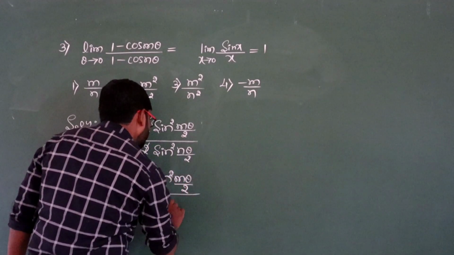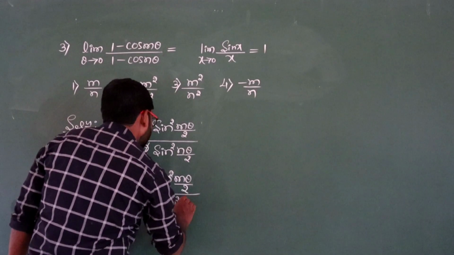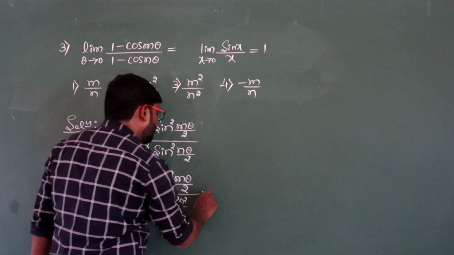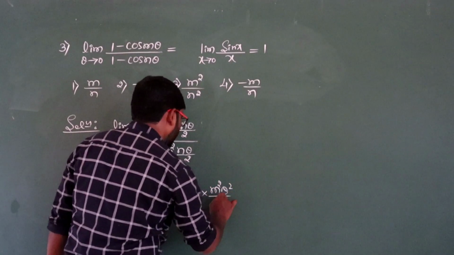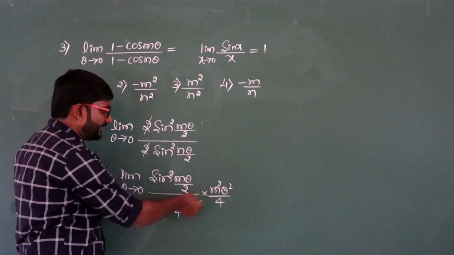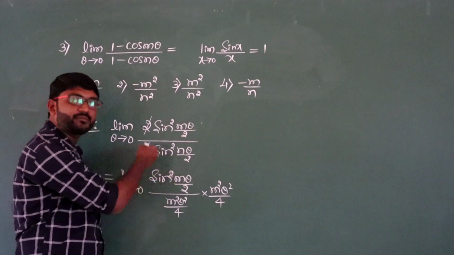So we should have m square theta square by 4 in the denominator. I am dividing here, so we will have to multiply by m square theta square by 4. So this is an adjustment. To apply the Sandwich theorem, we are multiplying and dividing by m square theta square by 4 because we have this sin square term here.